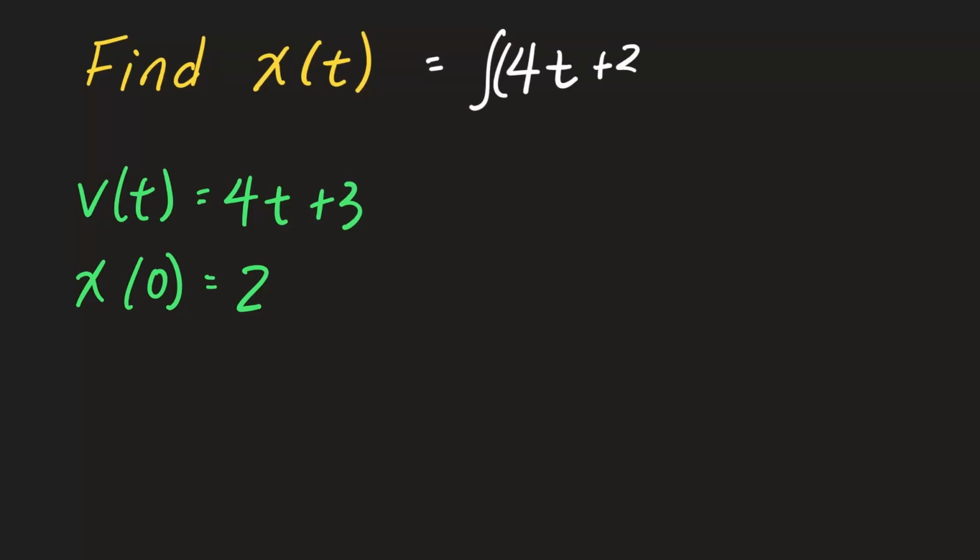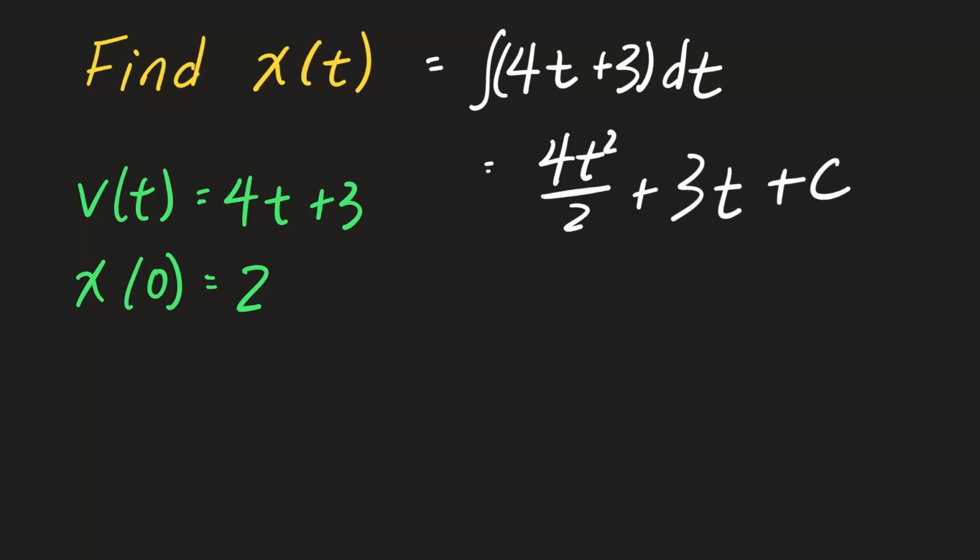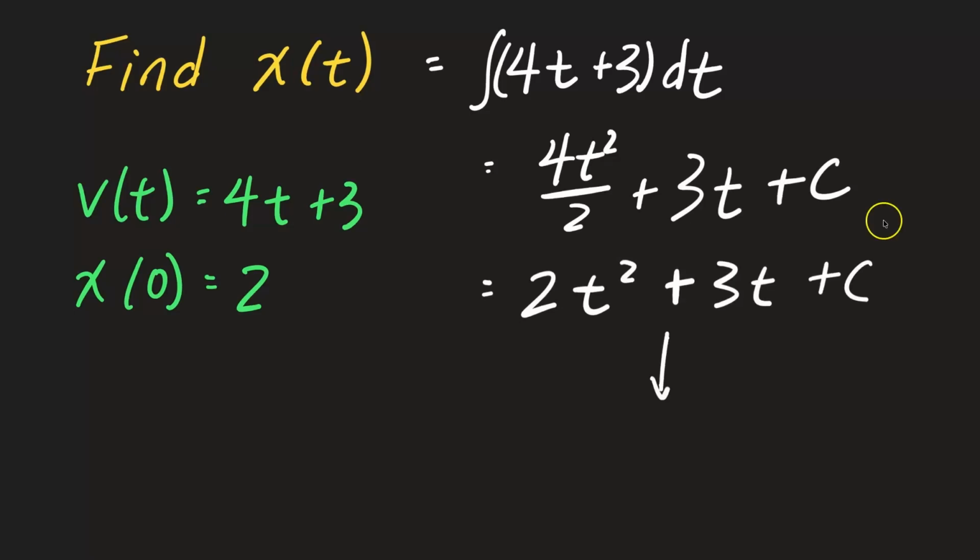So we're looking for the integral of 4t plus 3 with respect to t. And we get 4t squared divided by 2 plus 3t plus c by applying the reverse power rule. And this is equal to 2t squared plus 3t plus c.